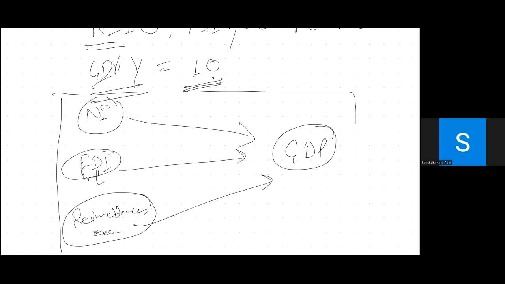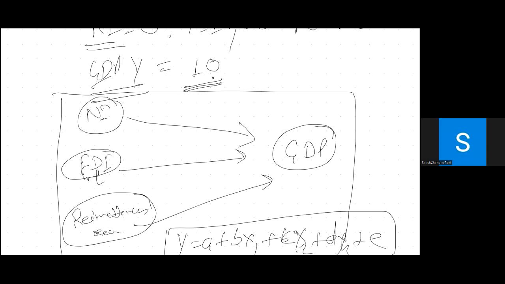So this is the depiction of your conceptual model, right? And this is the mathematical modeling of this model for social science studies. Okay, so this is multiple linear regression.